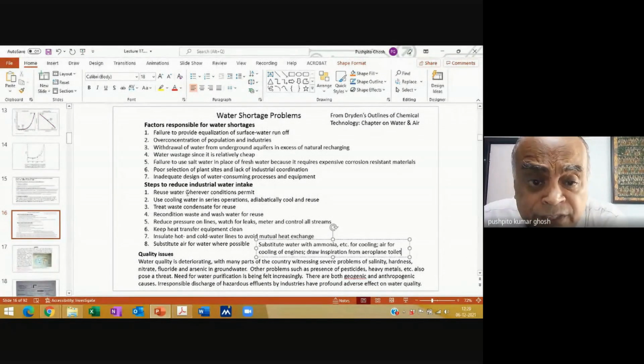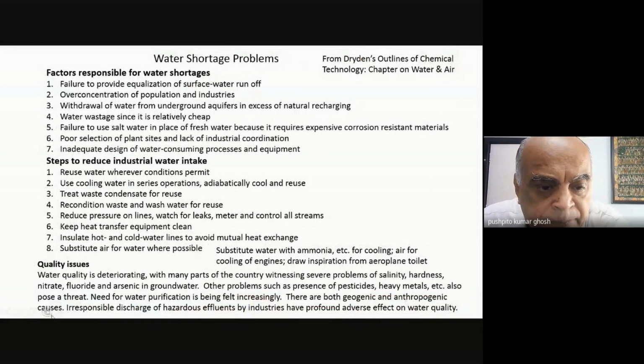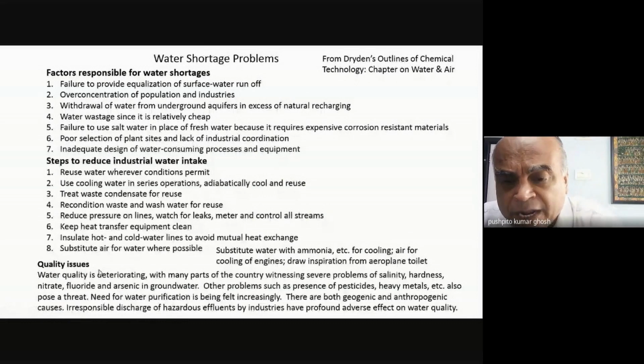Okay, this is not the only problem that we have today in our country. One is that there is a shortage of water. On top of that, the water quality is a huge problem in our country. In many parts of the country today, the water is brackish. I'm not even talking about drinking water. The industrial water, you cannot use it.